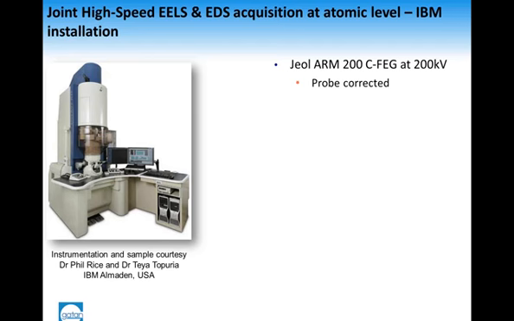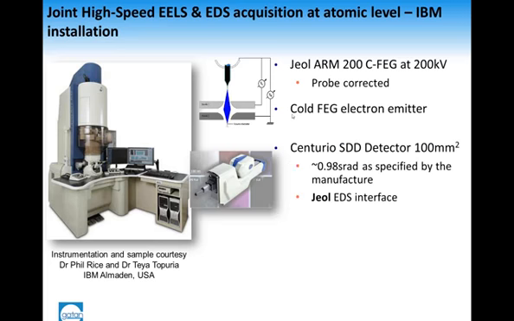So now we switch to a different topic. The data that I'm going to show you were acquired at atomic level using the installation at IBM, where they have a JEOL ARM200 operated at 200 kV, probe corrected. EDS data were taken using the dual Centurio detector with an area of 100 square millimeters.